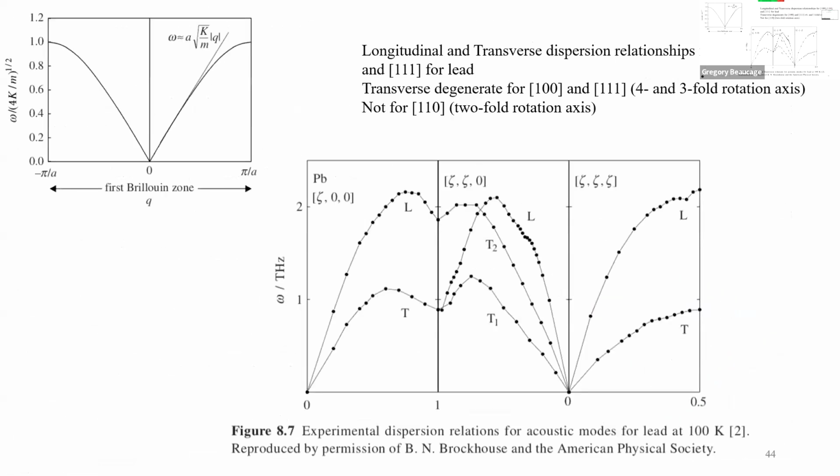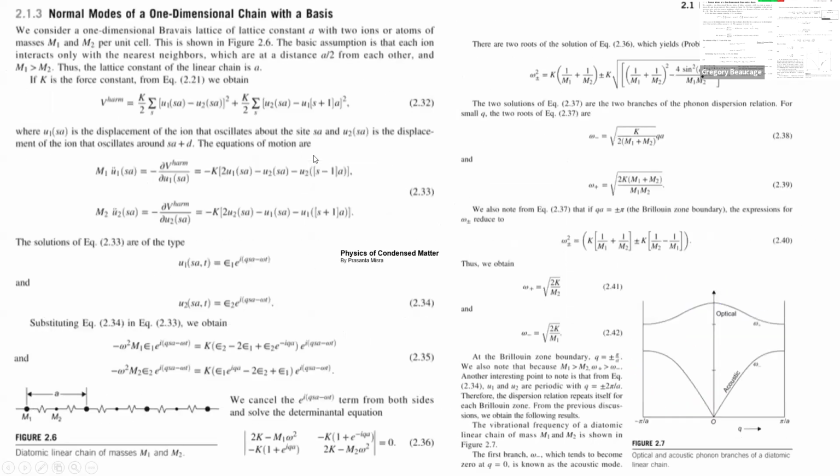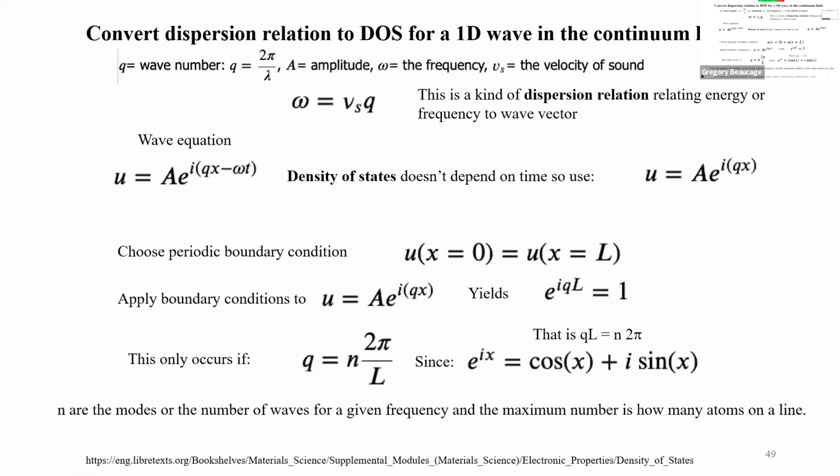There's no time component to these, right? It's just the relationship between frequency and wave vector. There's no time dependence to it. So you can forget about the time dependence and just use e to the iqx for the wave, right? Without the time dependence.